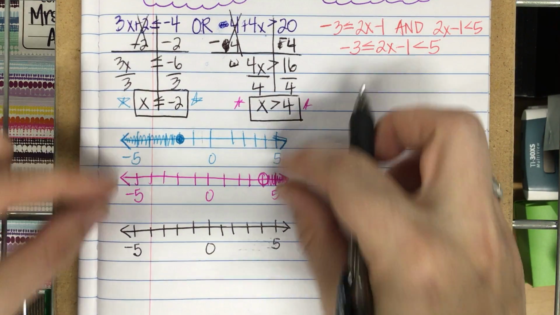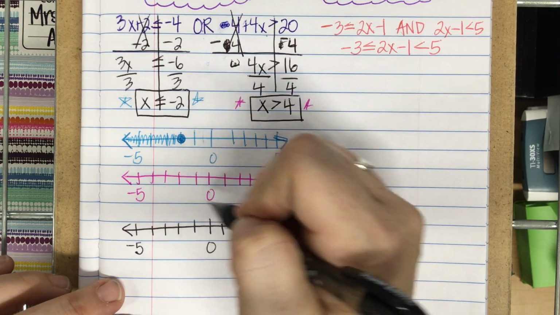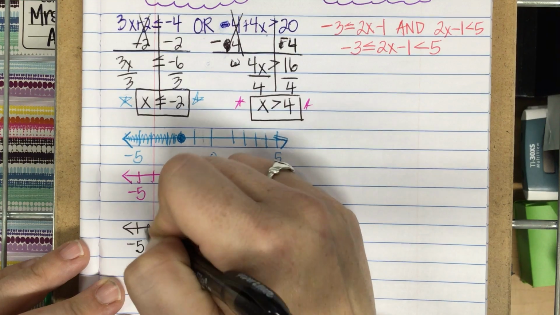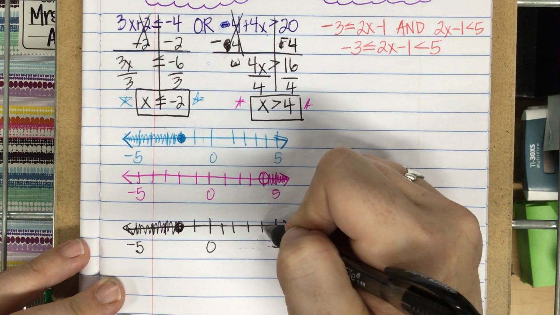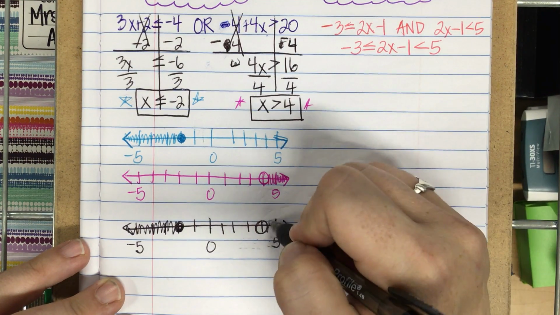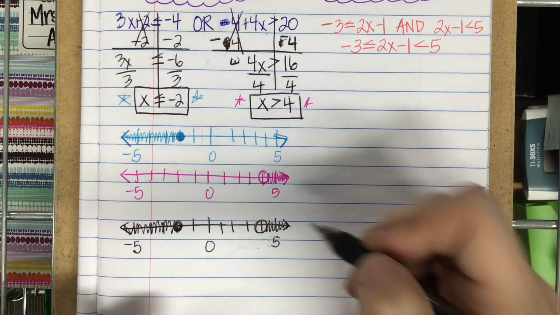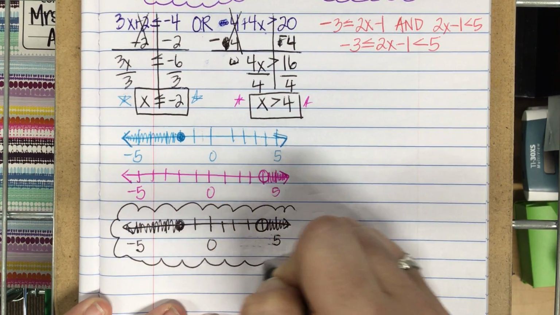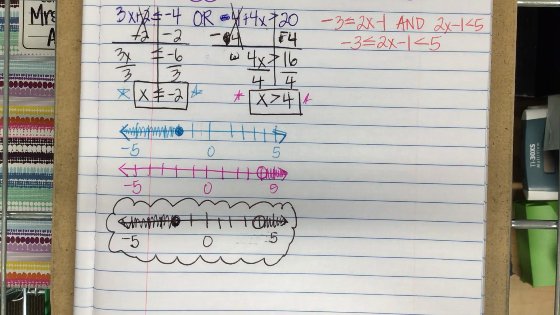So my answer is closed dot at -2 and shading below, and open dot at 4 shading above. This is my final answer. You do not need to draw all 3 graphs. You do not need to draw them independently, then put them on the same graph. But in our notes, we want to have them so that we can see it.